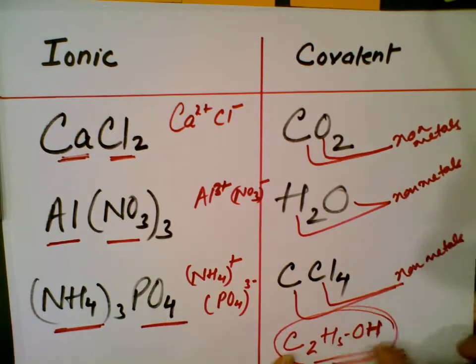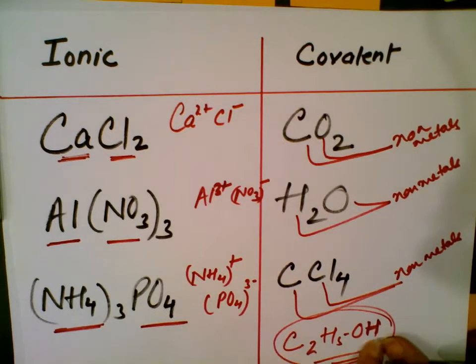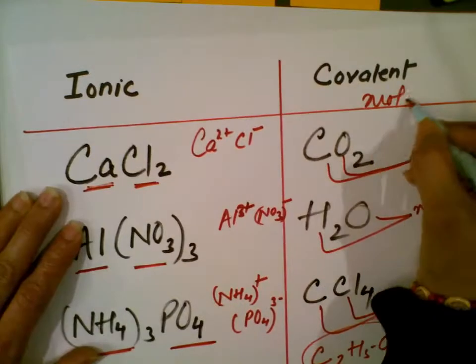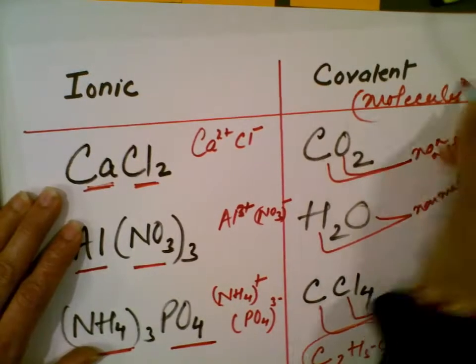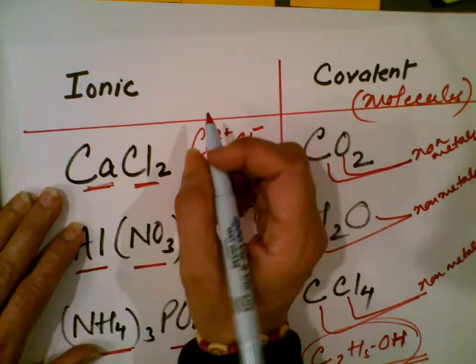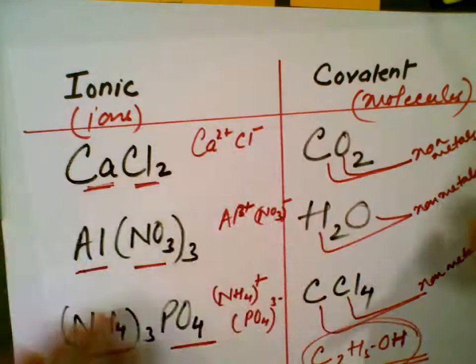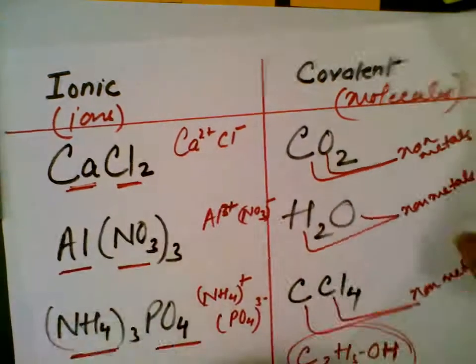This is also a covalent compound, as you do not see any metal here. It's all non-metals and no ions at all. These are all molecules. No ions, but here you have ions. Monoatomic or polyatomic, that you have already learned.